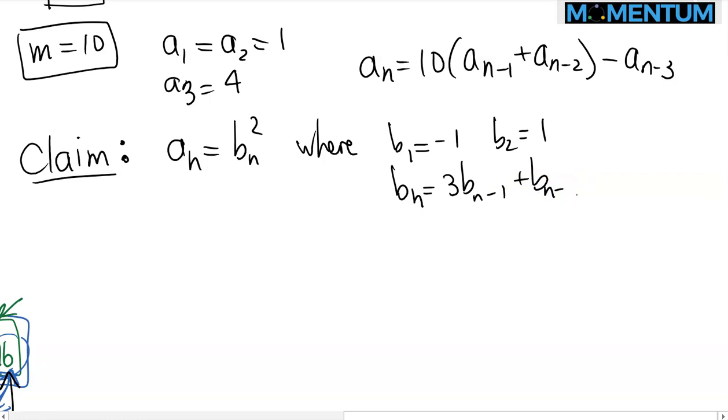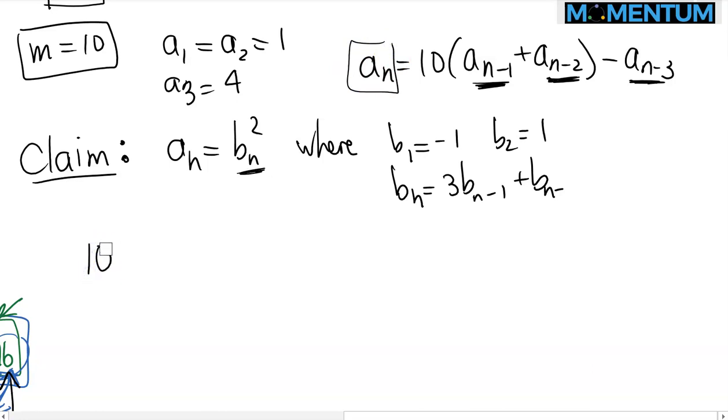That's it. So all we need is to verify that when I substitute here for a sub n minus 1, a sub n minus 2, and a sub n minus 3 the corresponding expressions for b sub n squares, this should add up to b sub n squared. Let's go ahead and do that.